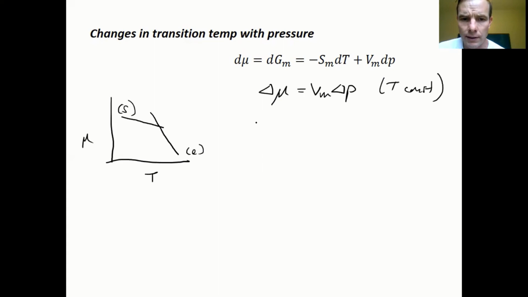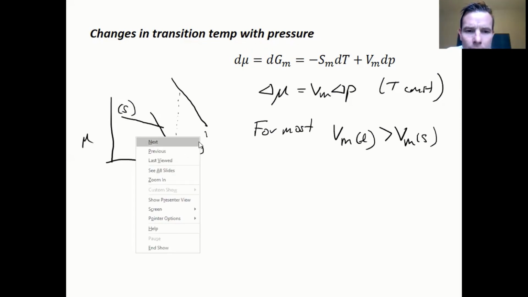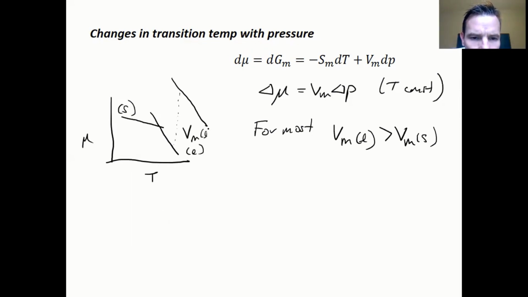For most substances, the molar volume of the liquid is greater than the molar volume of the solid. The solid is more dense. Because this is bigger, I get a big change in this one, V_m liquid ΔP, and a much smaller change here.